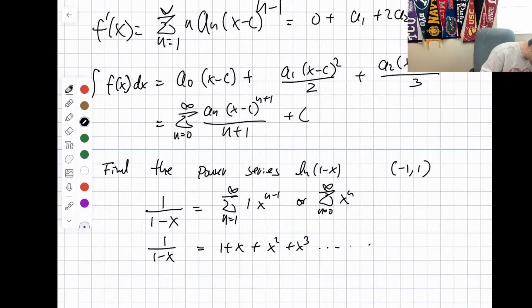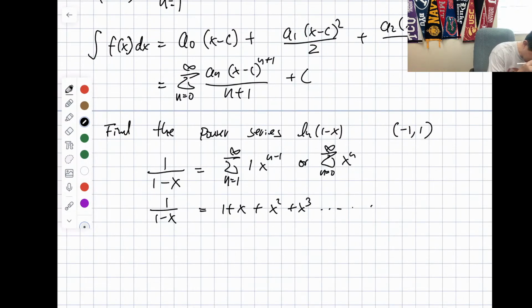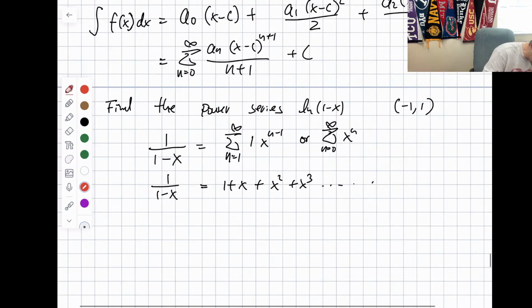So you were saying find the power series, I thought ln of 1 minus x is just a regular equation. No, that's our goal, to get to ln of 1 minus x. So what we can do is integrate both sides. If I integrate both sides, what am I going to get?